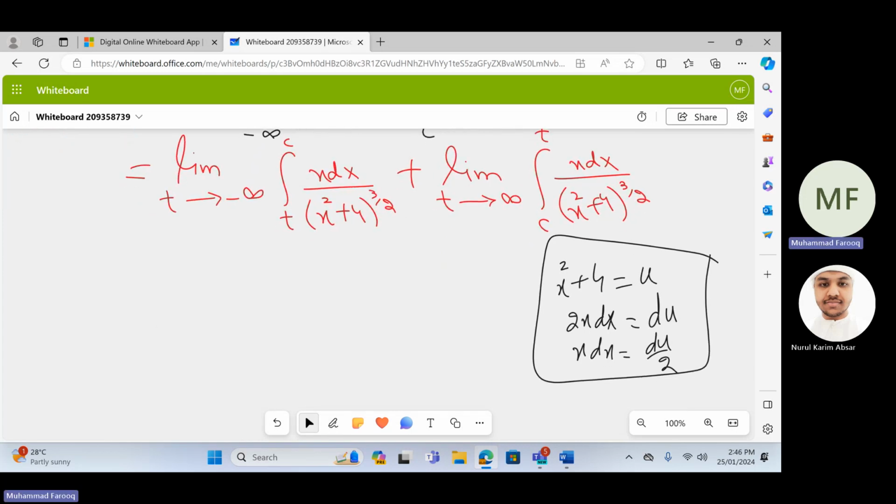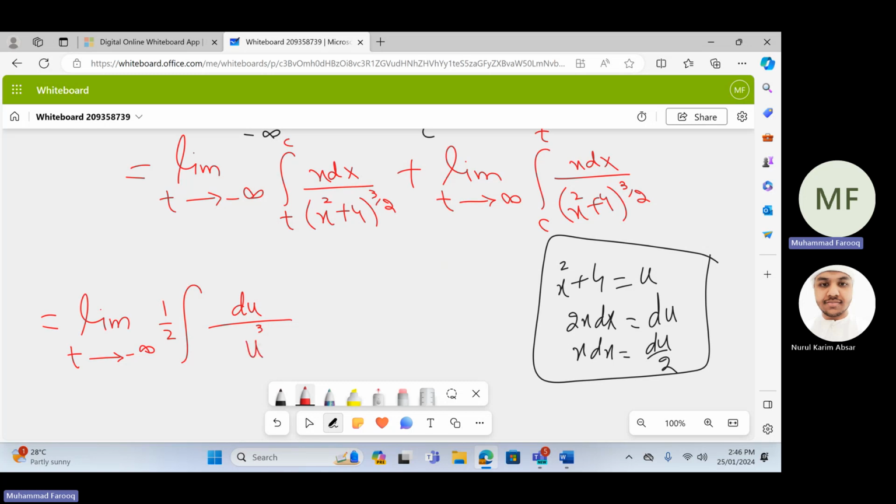Okay, so now limit t approaches negative infinity. I have the integral of x dx, which is du divided by 2, and this becomes u raised to the power 3 over 2.